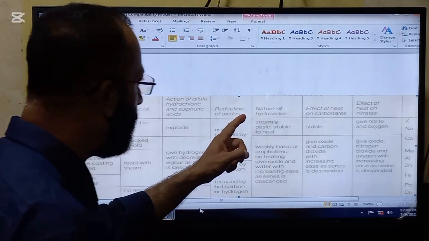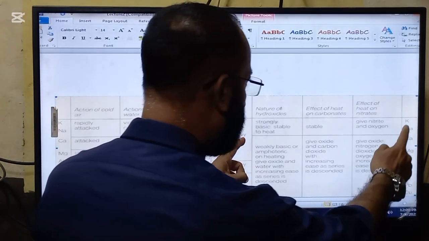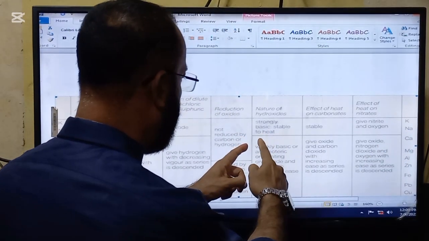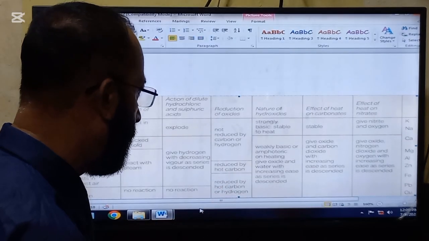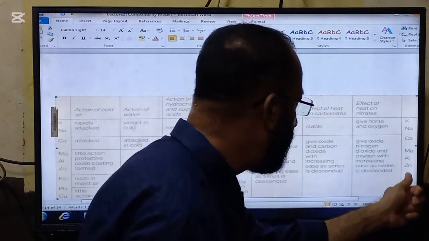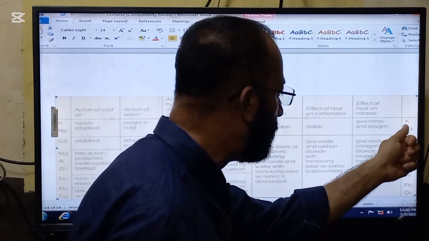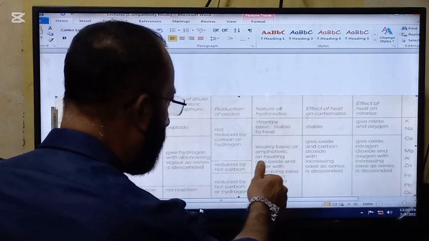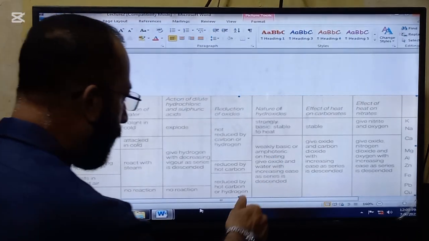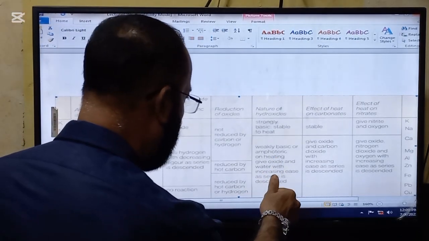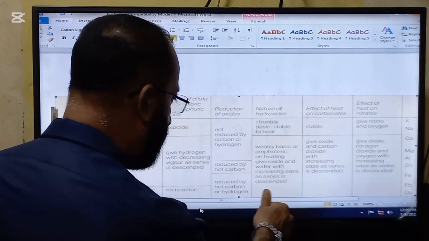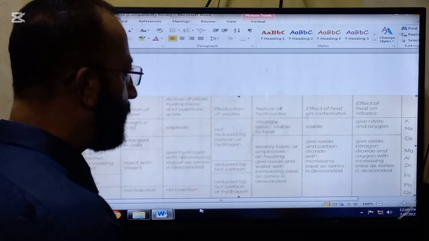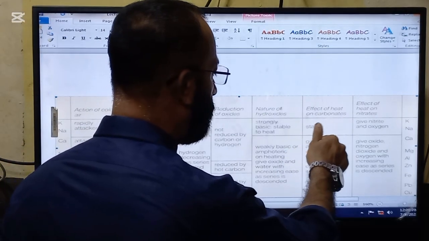Next, we are going to read the nature of the hydroxide. Potassium and sodium are strongly basic and stable to heat. And all the other metals in the reactivity series below potassium and sodium are weakly basic or amphoteric. On heating, they give oxide and water with increasing ease as the series is descended. Next is the effect of heat on carbonates.